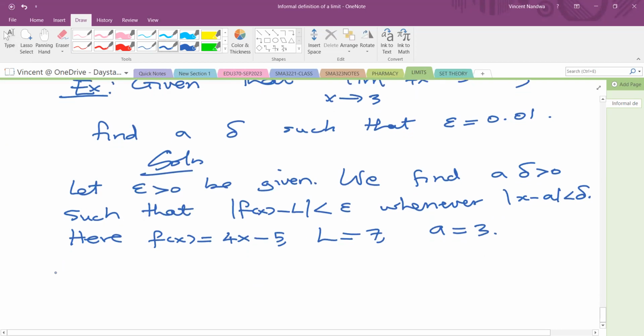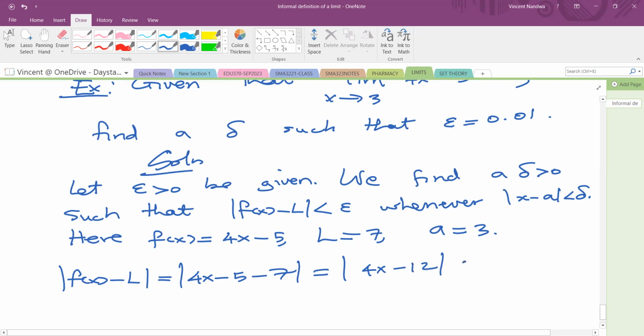So we are going to have the absolute value of f of x minus L as the absolute value of 4x minus 5 minus 7, which is the absolute value of 4x minus 12 is less than epsilon whenever the absolute value of x minus 3 is less than delta. That is just by definition of a limit.